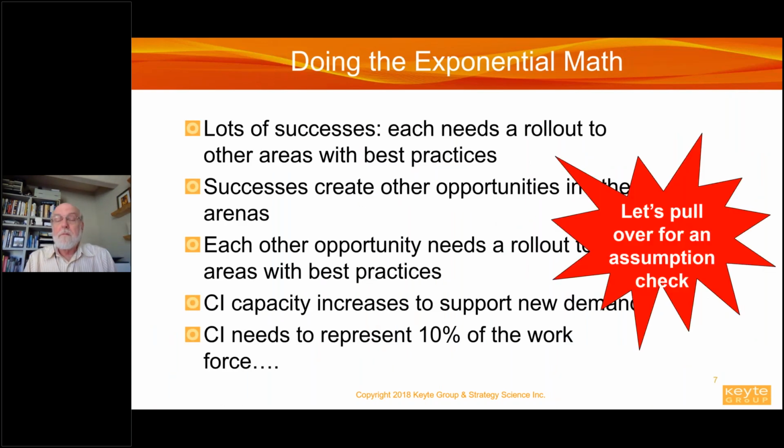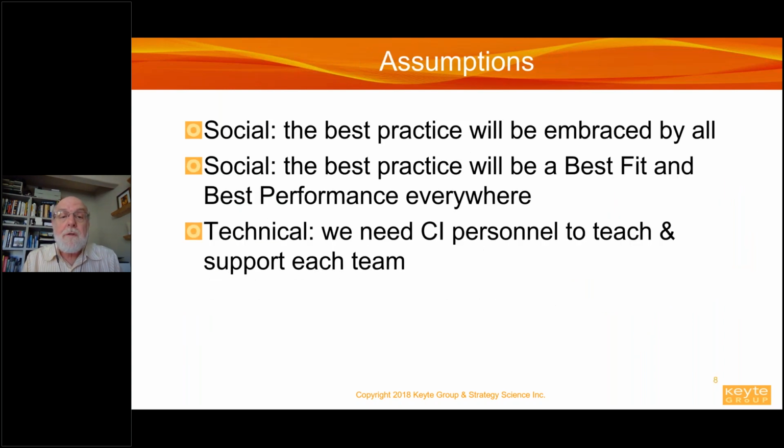So let's pull over for an assumption check. I want to check some assumptions here that are really critical in thinking about how do we scale change. There's lots of assumptions in this model. These are the only three I want to challenge. Two of them are social. The first one is the best practice we created will be automatically embraced by everybody.